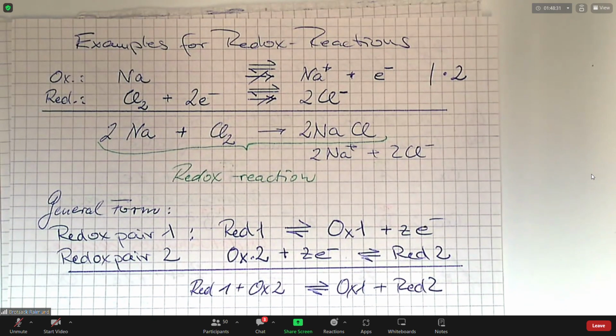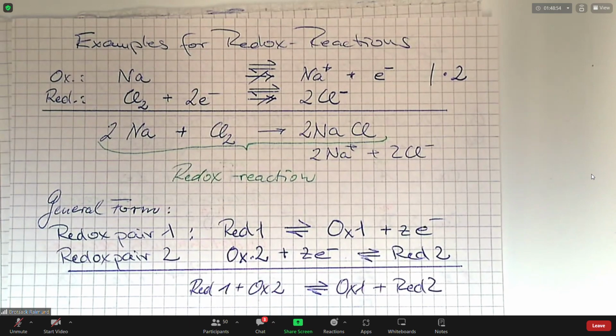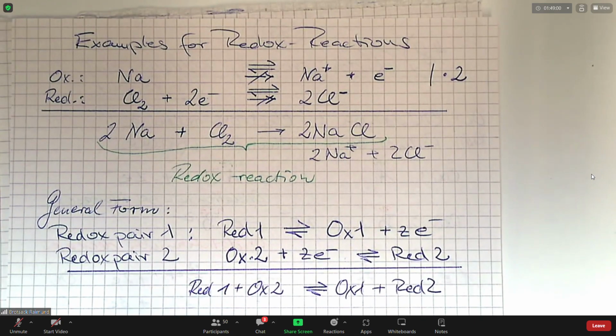Each of those partial reactions can be read as a reduction or an oxidation. For the example chlorine, Cl2 is the oxidized form, which can be reduced to form the reduced form. So that's ox, and that's the reduced form.